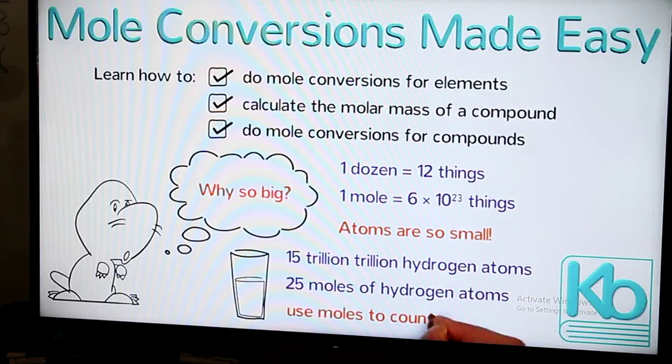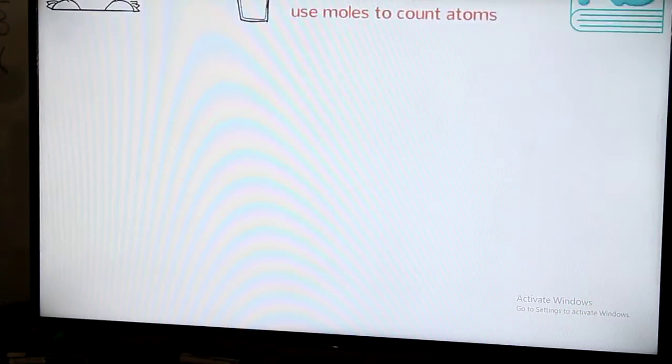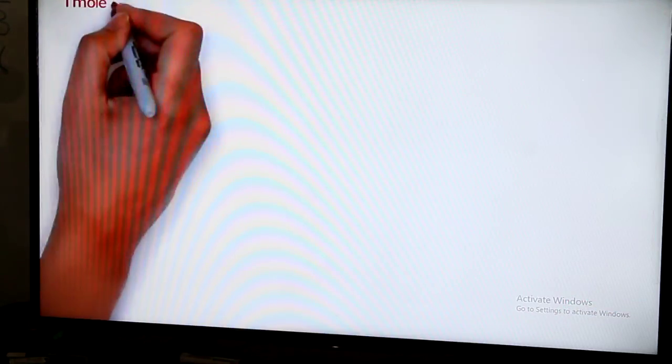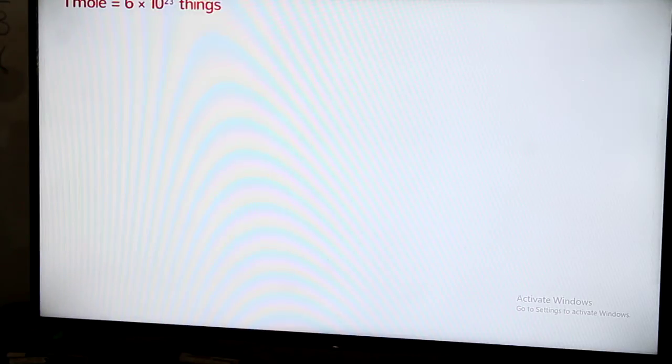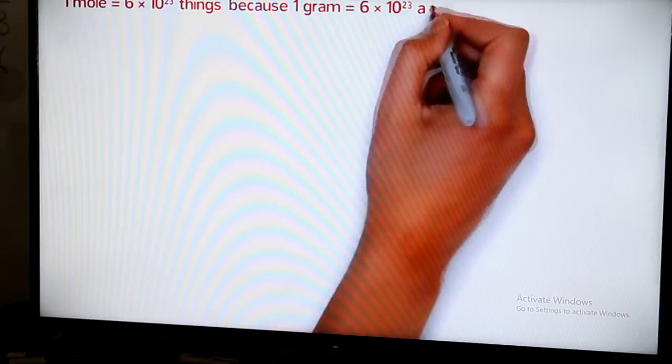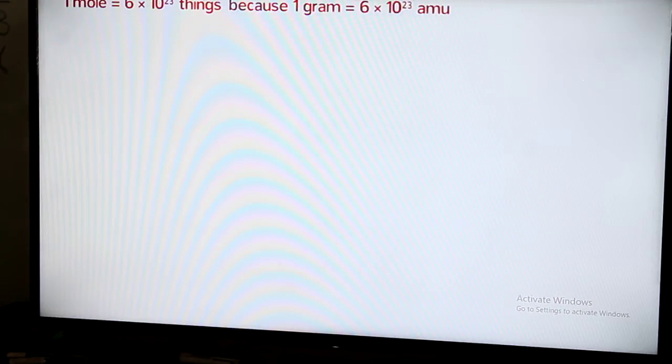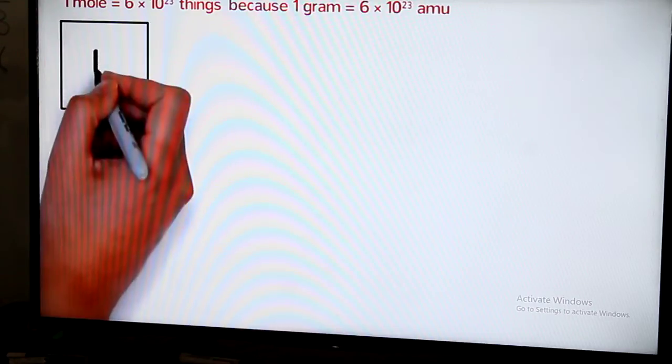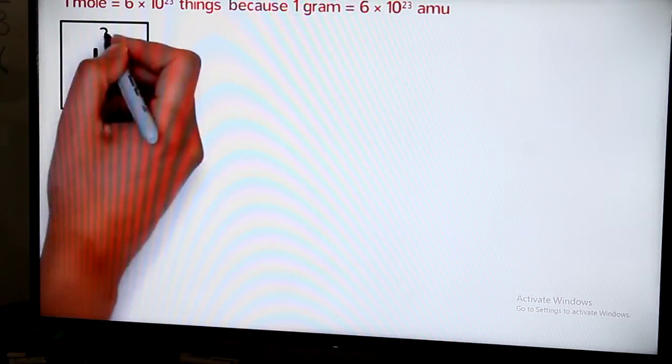So we use moles to count atoms, molecules, and other chemicals. It turns out that there's an even better reason why 1 mole equals 6 times 10 to the 23rd things. And that is that 1 gram equals 6 times 10 to the 23rd atomic mass units. Let's see what that means for a particular element. Break out your periodic table and look for lithium. It's the 3rd element.